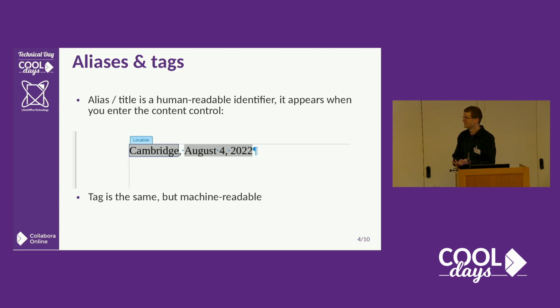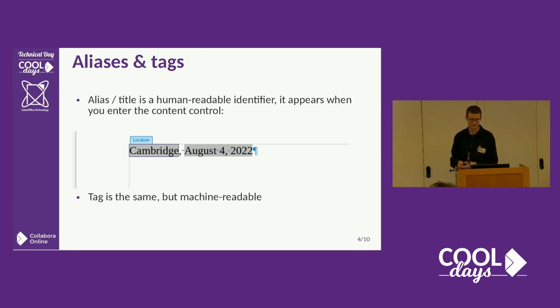So one thing that's new is that you can have aliases and tags on these things. So let's say you have some form where you need to sign at the very end and you want to fill in the location and the date. Then you go to the location and let's assume that everyone is here in Cambridge. So let's default to Cambridge. But if you go to the Cambridge word, then you get a hint that this is meant to be a location.